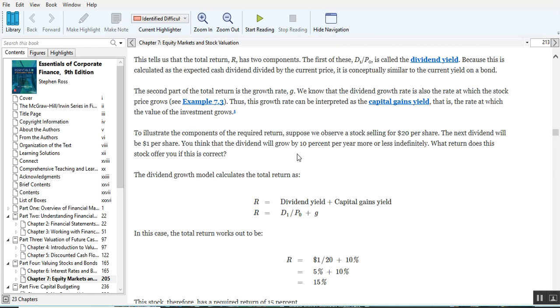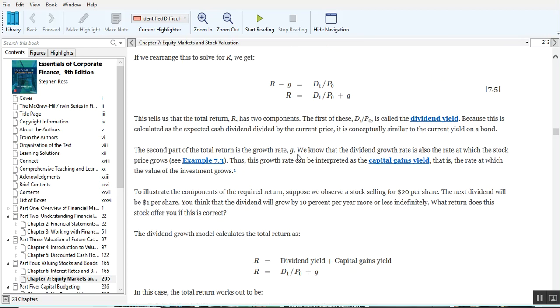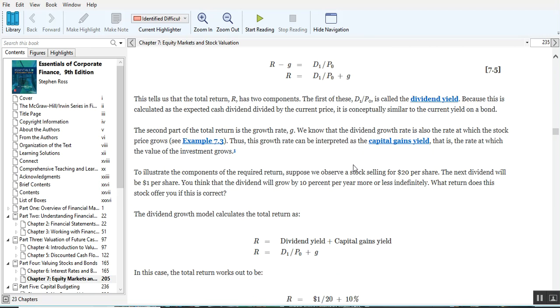It can also be restated. What they're doing here is they're showing that the dividend yield is actually the dividend you're going to get out of the stock. The capital gains yield is actually the price you get when you sell it. So that's going to be the difference between what you're actually buying it for and selling it for.